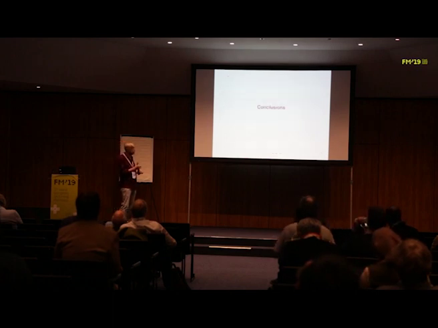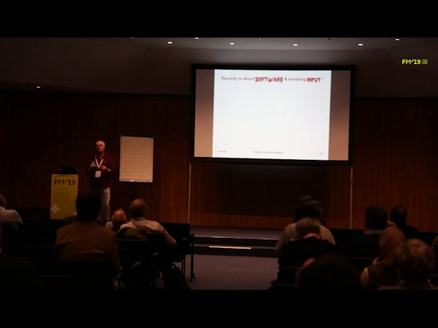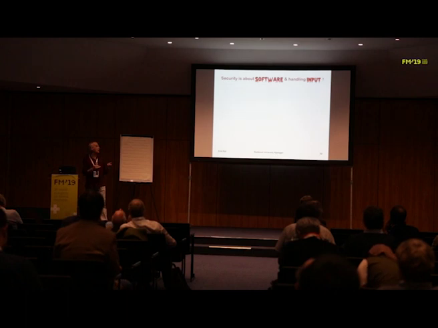So some conclusions. If you remember anything about this talk, I hope I've convinced you that security is really about software. As formal methods people, we know that software is a difficult thing to make, and it's particularly difficult for software handling inputs.